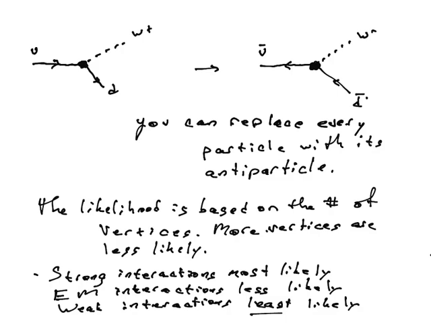Well, all else being equal, strong interactions are primary, then electromagnetics are less likely than that, but still likely. The weak interactions are the least likely to occur when everything else is the same. So the diagram doesn't change, it's the same diagram. The weak interactions are the least likely, the strong interactions are the most likely if it's allowable.